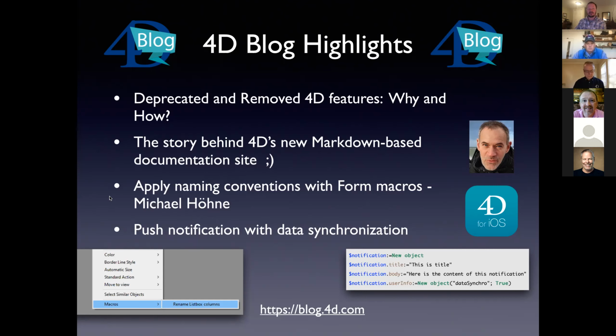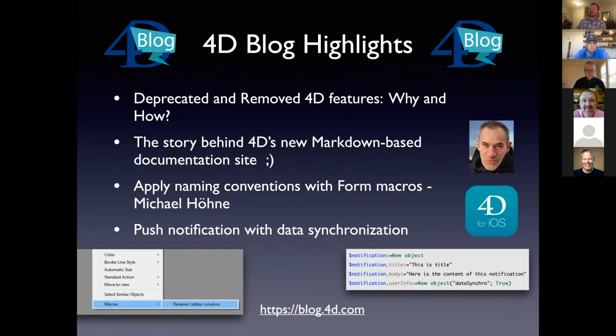There's footers, there's headers, there's column names, and so on and so forth. Bigger the list box, the more time you have to spend doing that. And anyways, it provided a really nice example of how to take advantage of the new form macros. And I'm sure it'll give a lot of people great ideas for what else they can do with it. Just like we've been using other macros in the method editor and development for years.